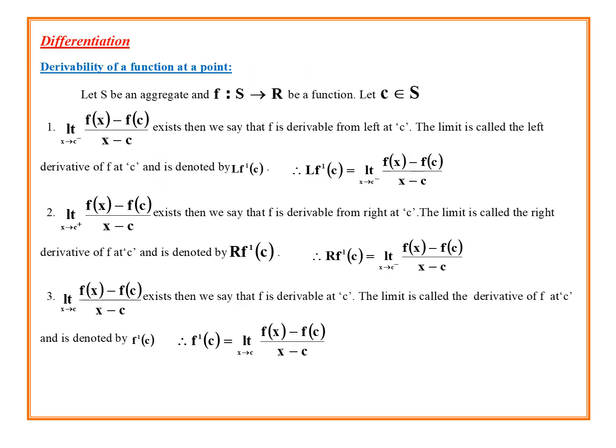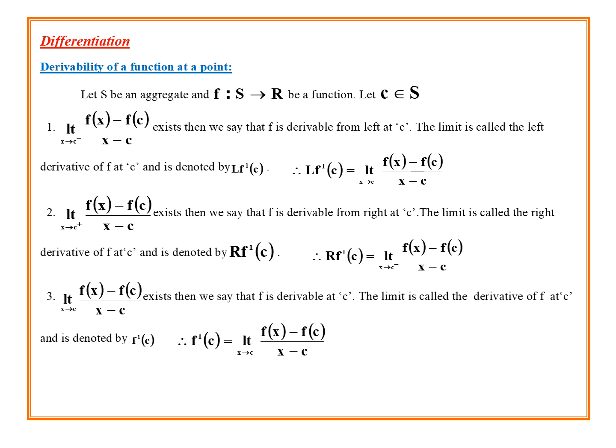Now I am going to teach the definition of differentiation. Derivability of a function at a point. Let S be an aggregate and f be a mapping from S to R, a function. Let c belong to S. First one, if the limit as x tends to c minus of (f(x) minus f(c)) by (x minus c) exists, then we say that f is derivable from left at c.